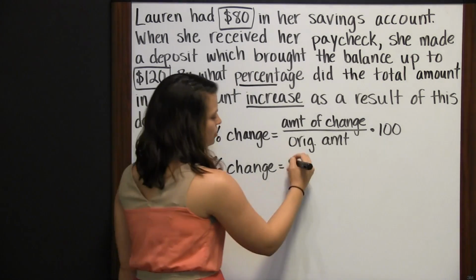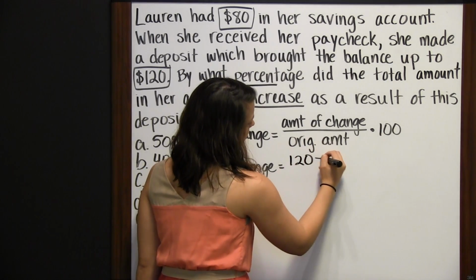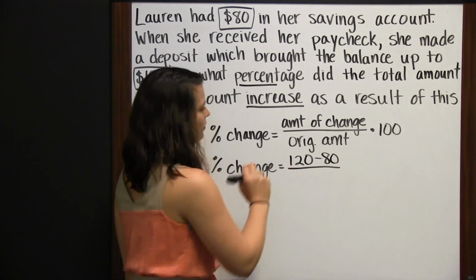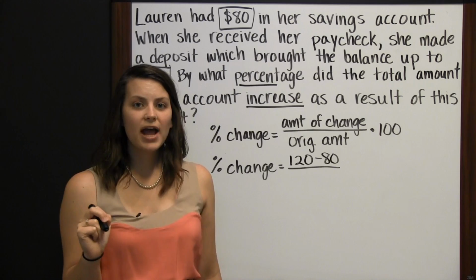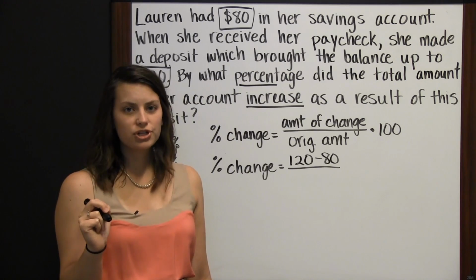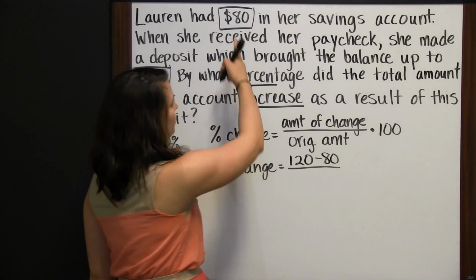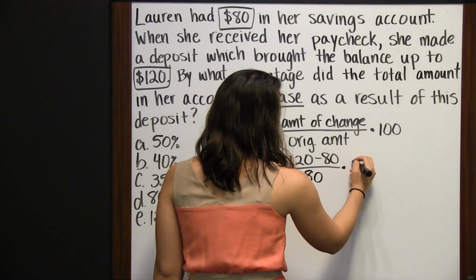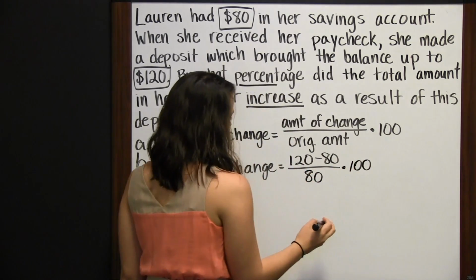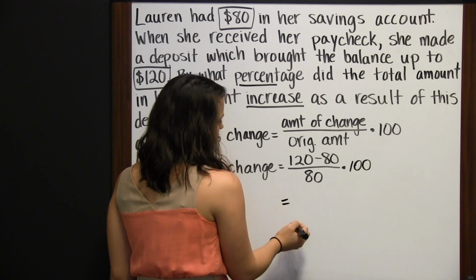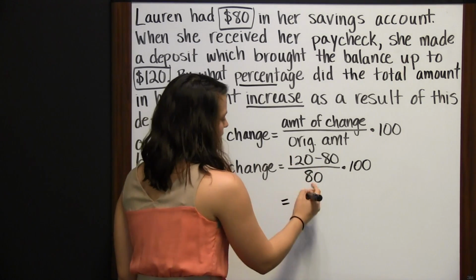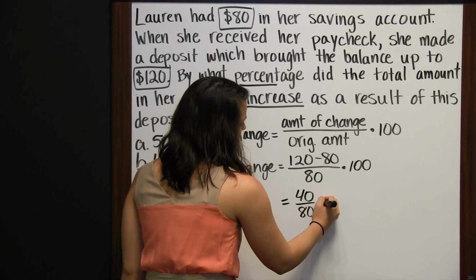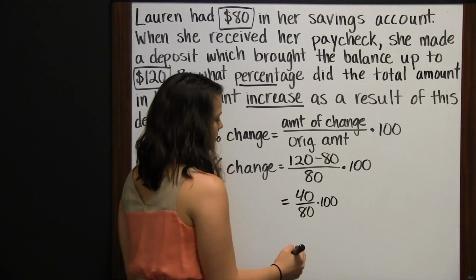So the change is 120 minus 80, divided by the original amount, what she had in her account before she made her deposit, the $80. And then we multiply that by 100. So the percent change is 120 minus 80, 40, divided by 80 times 100.